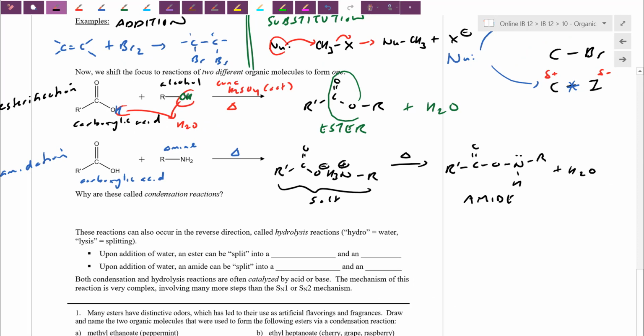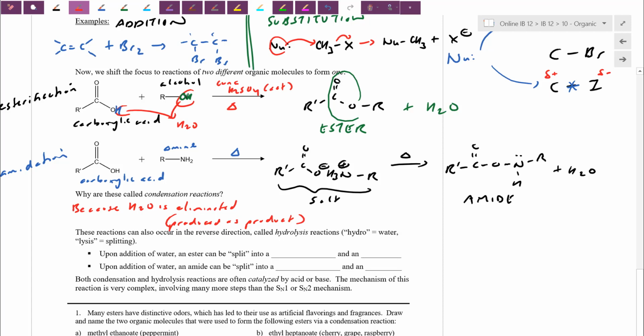Right? So that's just another organic family for us. Why are they called condensation reactions here? Because a water is eliminated, a water is being released, or we can just say here it's produced as a product. Okay. Again, no mechanism needed for this here.